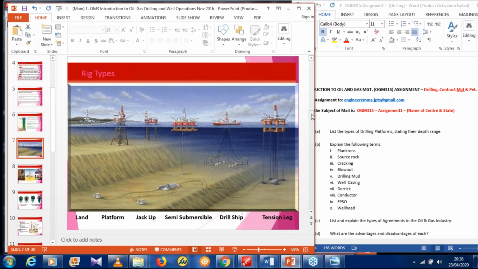Now there is still a further classification for this rig. We also have what is called the FPSO. FPSO means floating production, storage and offloading.